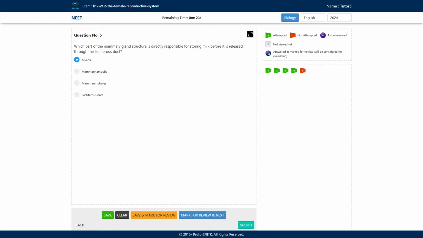So what are these lactiferous ducts? These lactiferous ducts are present within the female breast and transport the milk from mammary glands to the nipples. So the newborn sucks the nipples. Okay. And the milk is already present in the lactiferous duct.